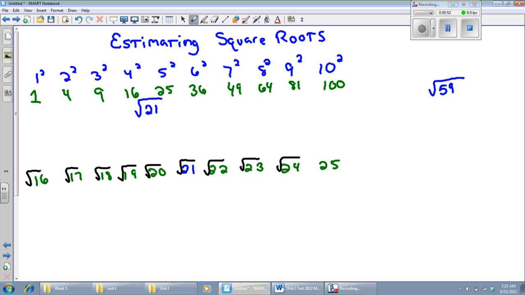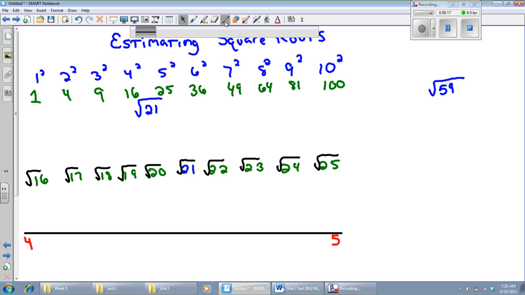And then I'm going to use my knowledge of medians to help me estimate square roots. So I'll draw a little number line here. And I know that the square root of 16 is 4. And I know the square root of 25 is 5. So my answer is going to be a decimal between 4 and 5. All right, now let me see if I can find the median of these guys.